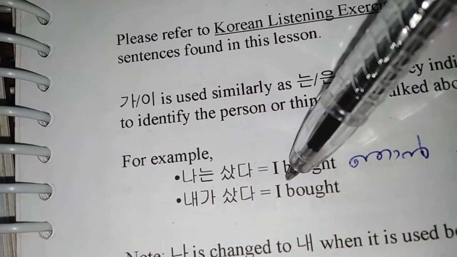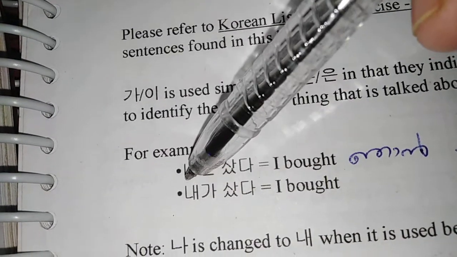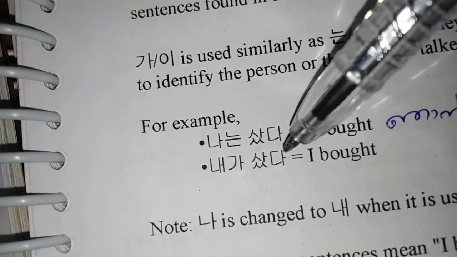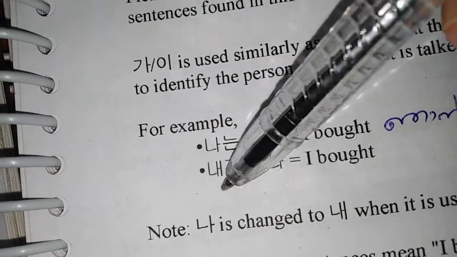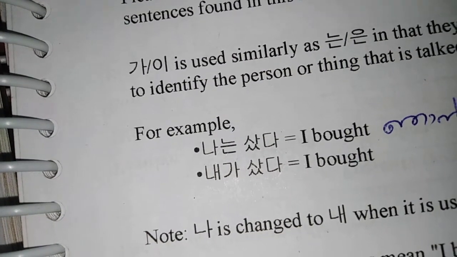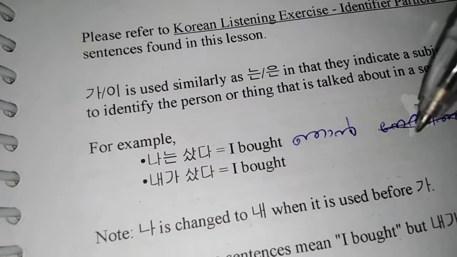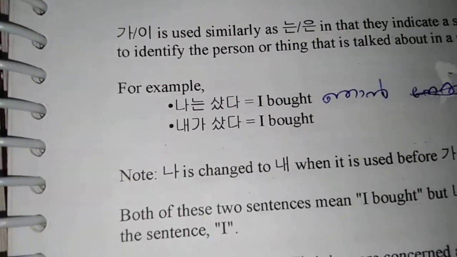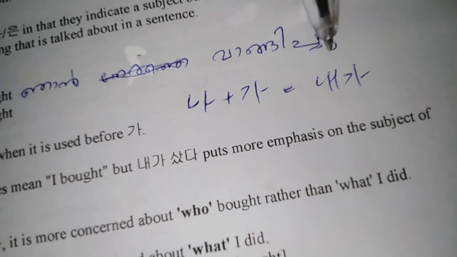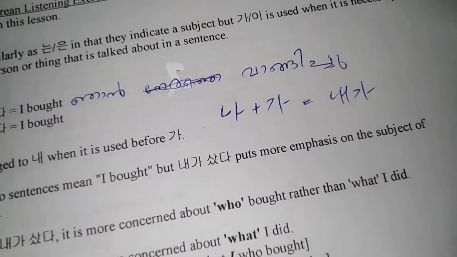When we say nega satta, it's about who bought. So who is nega here? Actually it is na. When we add na plus ga, we get nega.